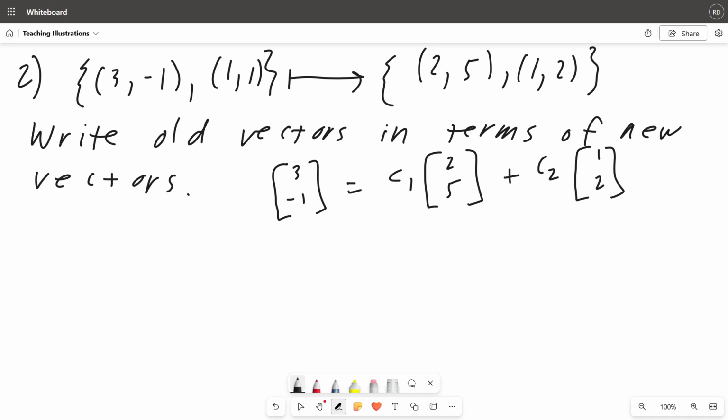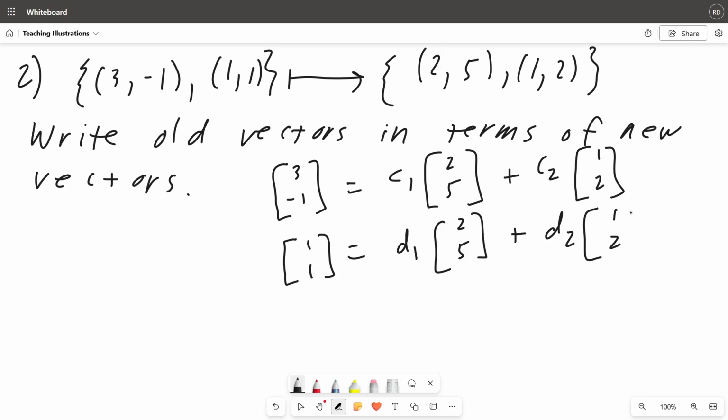I want to find the coordinates there, C1 and C2, so that we can change it. But now what about the other vector? We need to write (1, 1) in terms of some other D1 times (2, 5) plus D2 times (1, 2).